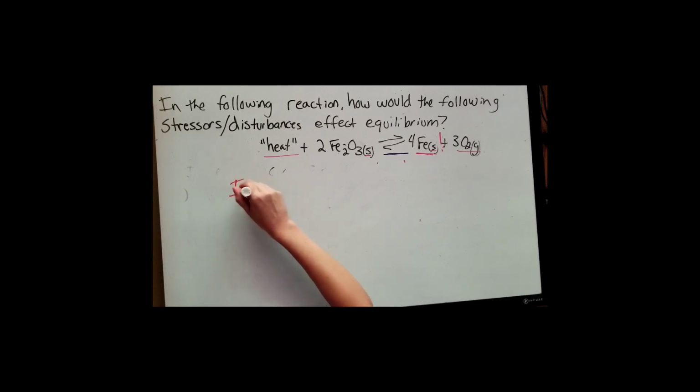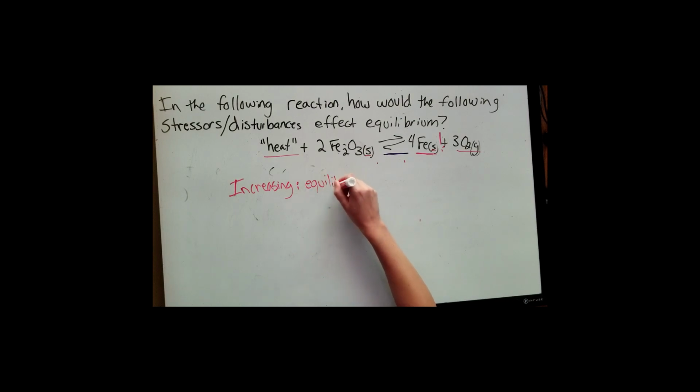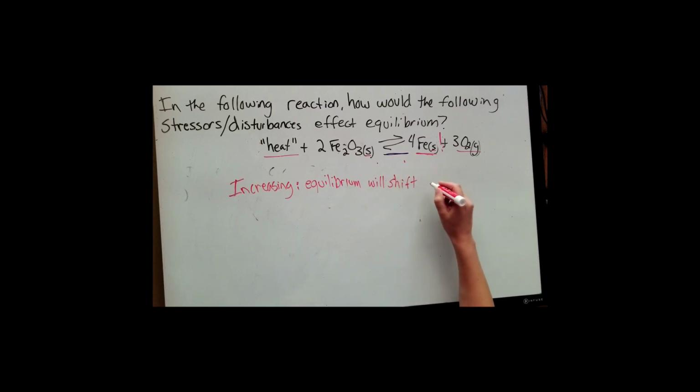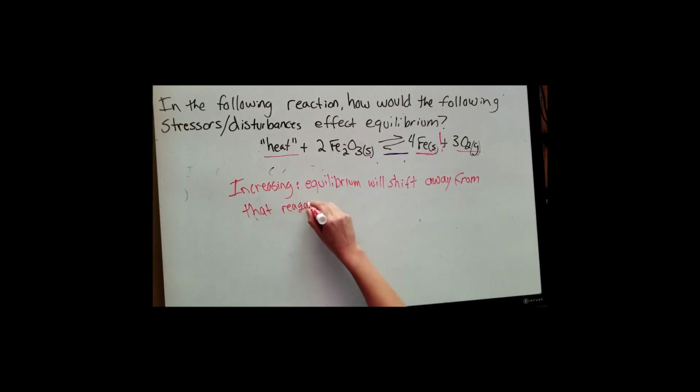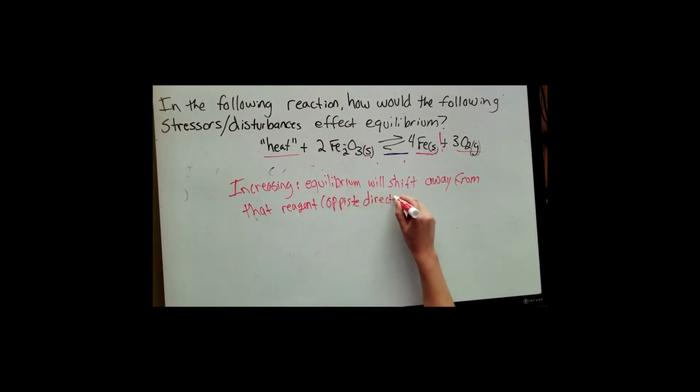If you are increasing anything, whether it's increasing pressure, increasing concentration, increasing temperature, heat, if you are increasing, the equilibrium will shift away from that reagent, or the opposite direction, to get rid of the excess.